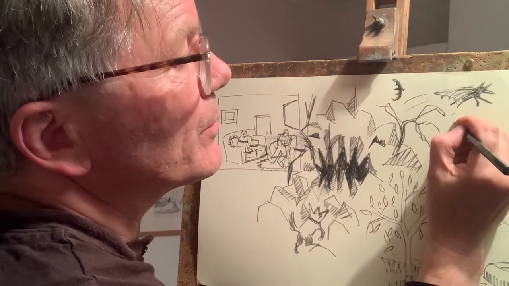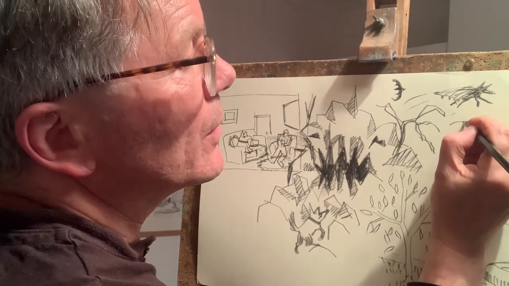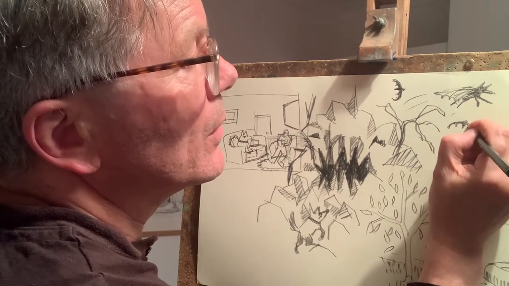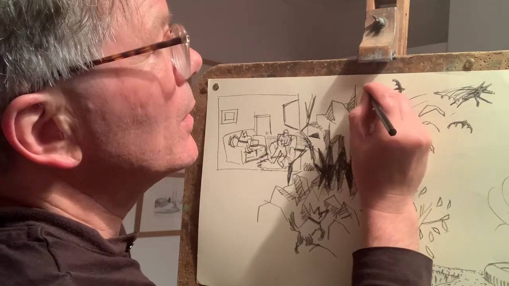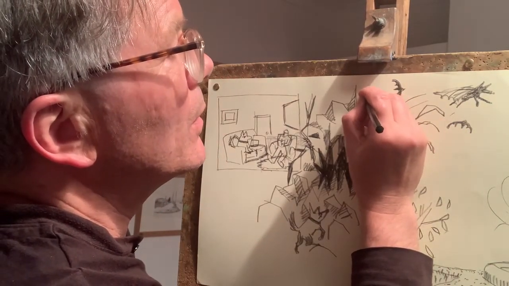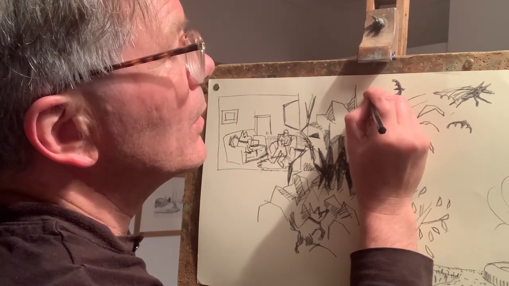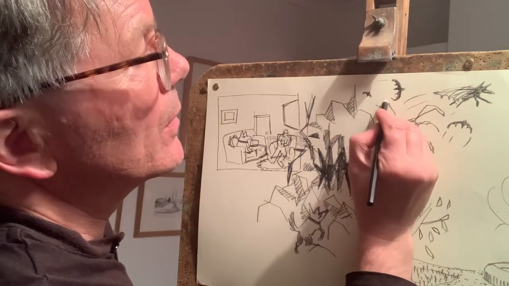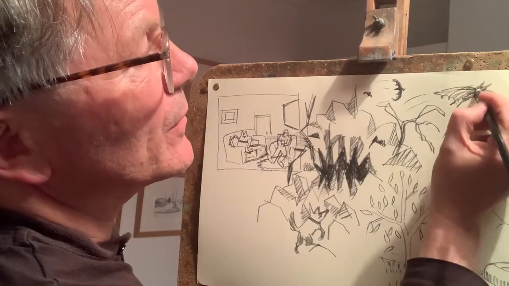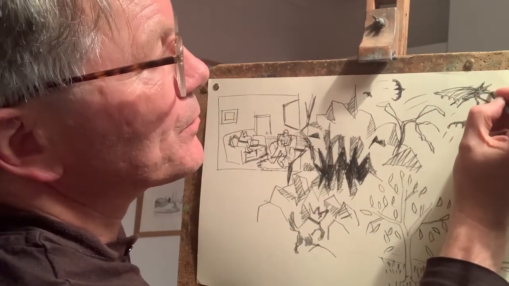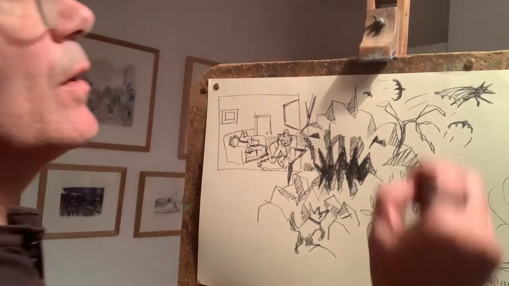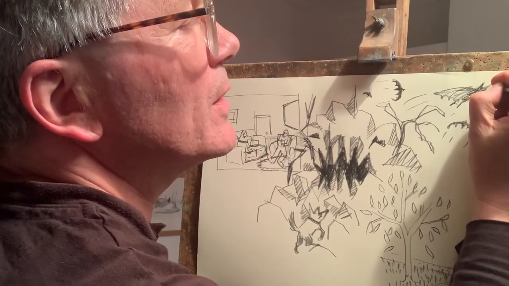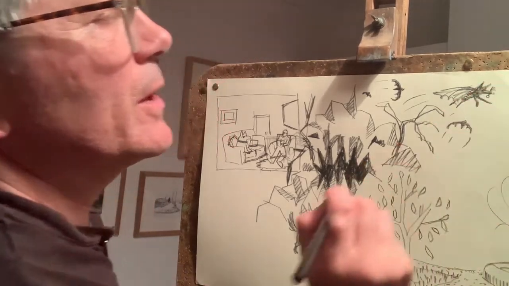Let's draw another one there. There's another one. But he gets away. Oh, and I should draw him holding the key in his mouth. There we go.